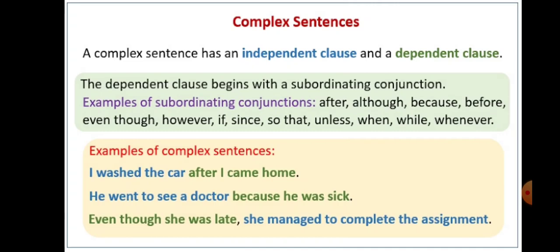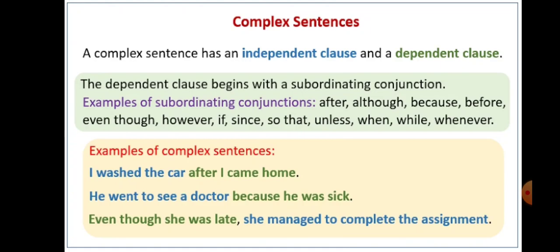Next sentence: He went to see a doctor because he was sick. In this sentence also, the part "he went to see a doctor" is an independent clause. It conveys complete sense and it can stand alone. But the second part of this sentence, "because he was sick", is a dependent clause.